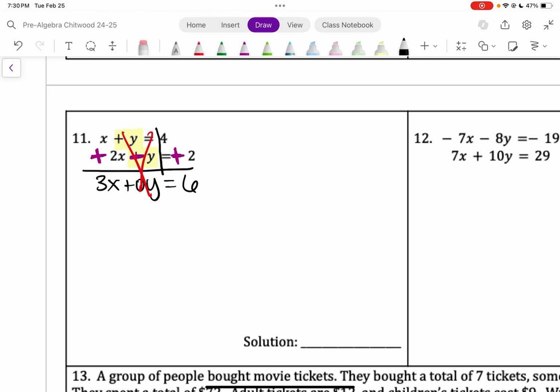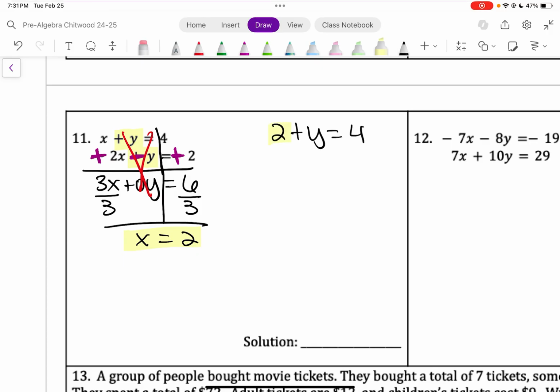Now I am able to divide by the coefficient, so I can solve for x. Divide by 3, divide by 3, x equals 2. Now I want to plug that into one of my original equations. I'm just going to use the top one. I'm going to put 2 plus y equals 4.